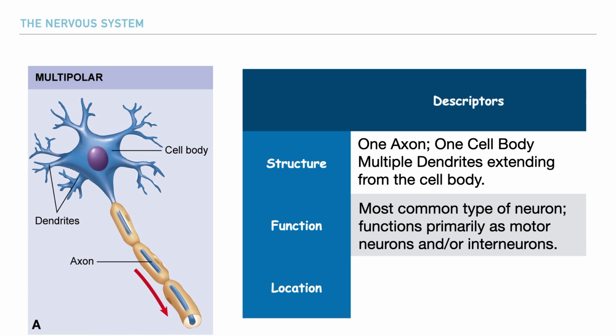So in essence, what happens is that an interneuron picks up a message from a sensory neuron and delivers it to a motor neuron. Now, in terms of location, we'll find multipolar neurons in the brain, spinal cord, and in autonomic tissue. Now, when we use the word autonomic, we're referring to body tissues or organs that have involuntary movement. In other words, we don't have any conscious control over it.